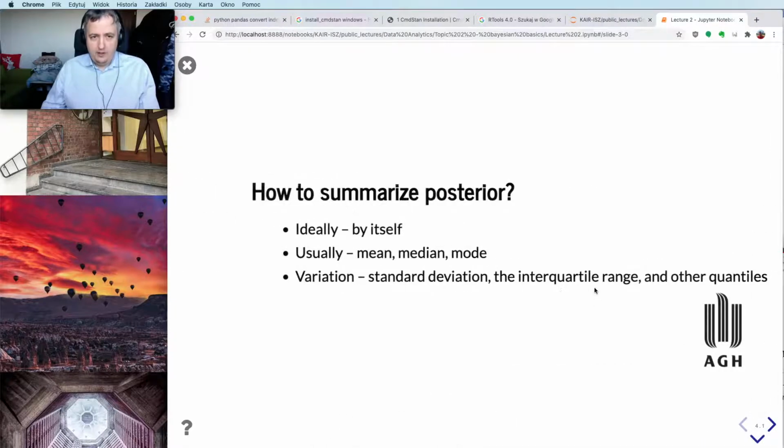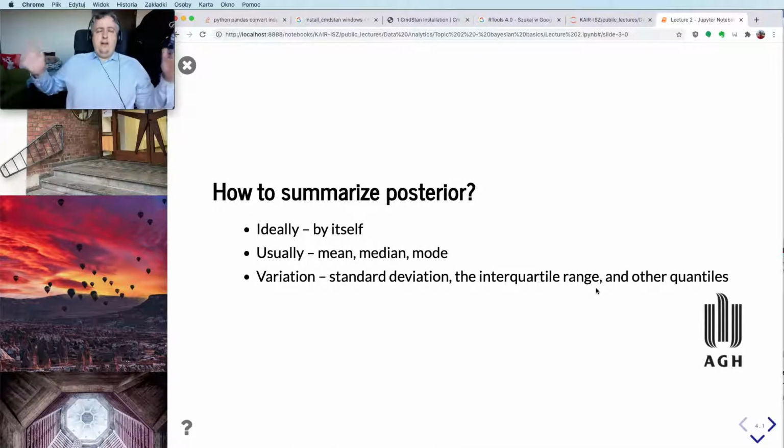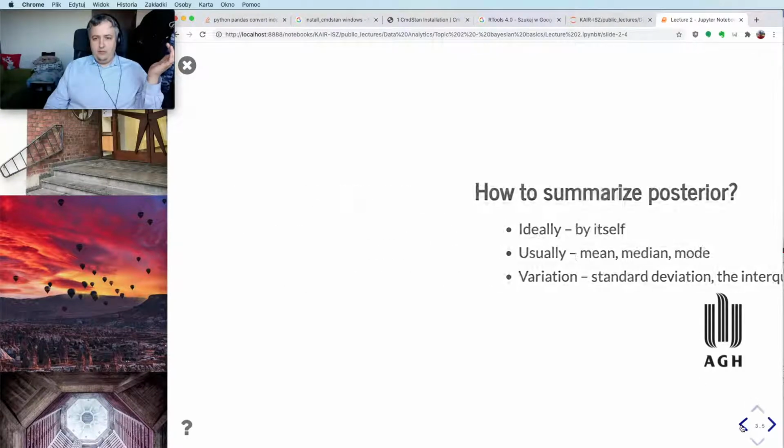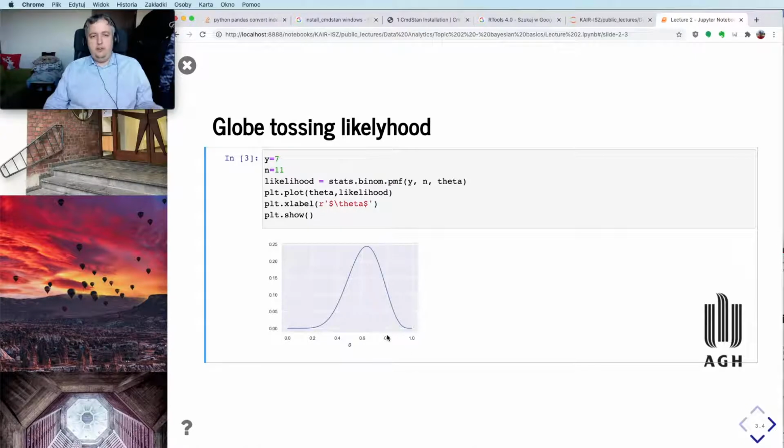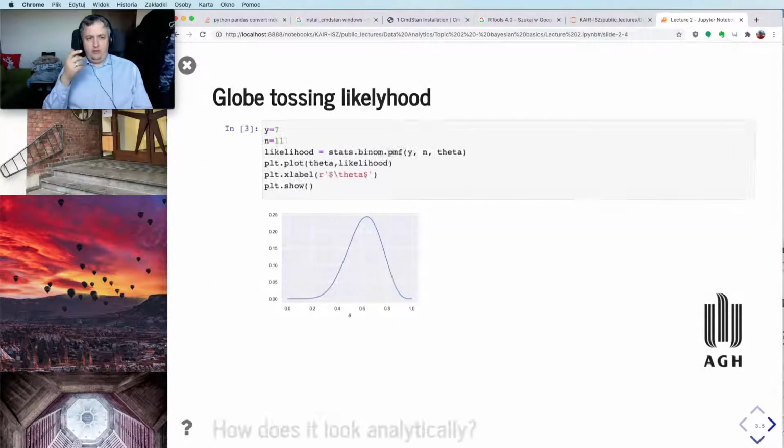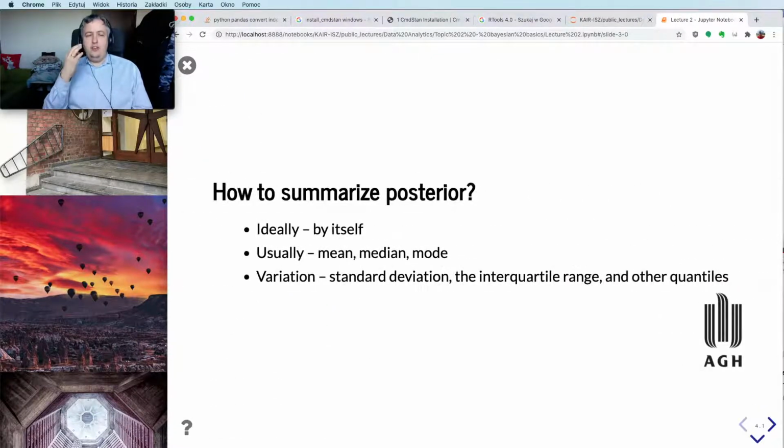Okay, so we have the posterior because we've managed to get it previously. We've managed to plot it. What can we do with it now? Because we are interested, what is the value of theta? Bad news is the posterior does not give us information what is the value of theta, it only gives us the probability distribution of that.